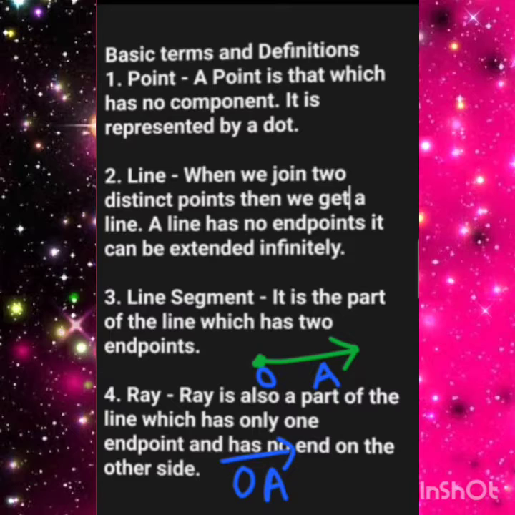But you can't write this ray OA as ray AO, that is wrong. The reason behind that is the emerging point of the ray is O here. That is very important to keep in mind. So we can't reverse these points, okay? Whatever the emerging point, from there only we can start naming the ray.